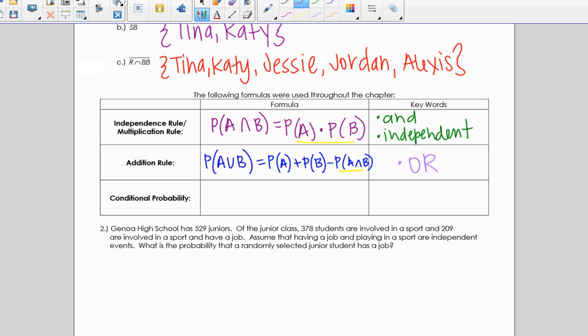The last one that we talked about was conditional probability. That was the probability of A given B equals the probability of A and B all over the probability of B. You guys, conditional probability, remember that's when you narrow down your sample space.